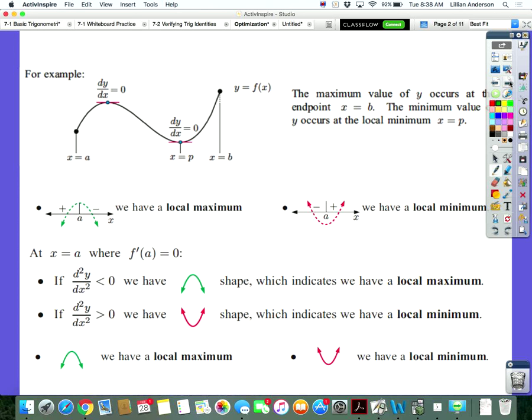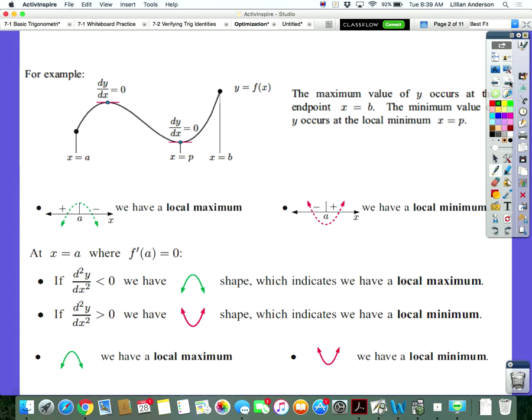Also, one thing you have to consider is that a lot of the other functions that we've dealt with haven't been set on an interval, especially when we're doing graphing. We're looking at from negative infinity to infinity, right? However, if your domain is ever restricted, you also have to look at your endpoints as well.